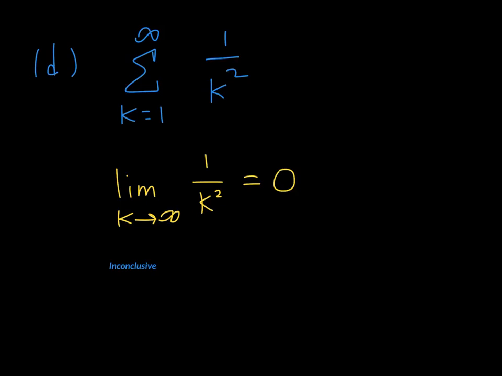And so if you use the divergence test, it doesn't help you make any kind of conclusion here. You would have to use another test to show that this actually converges, okay? It's actually a p-series, so you should remember from earlier studies that this is a p-series, and because p is greater than 1, we know it converges, okay? But that's using a different test. If we stick to the divergence test, inconclusive.